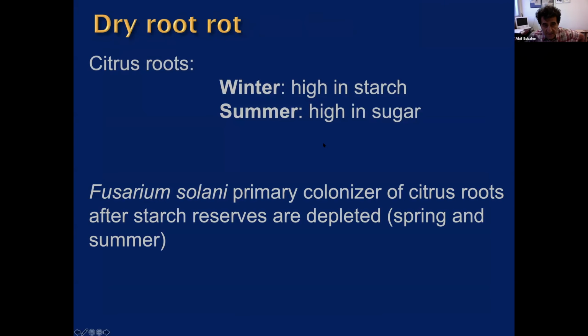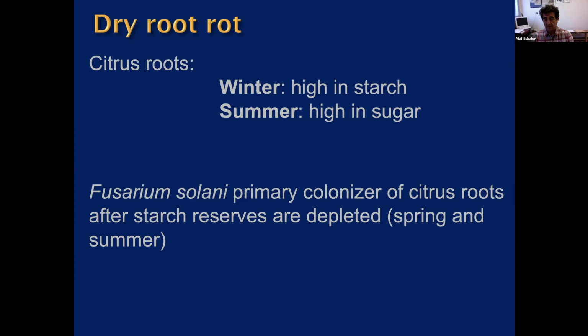So what's happening is that during the winter, the citrus roots are high in starch. During the summer, high in sugar. Plus, citrus tristeza virus is a phloem limited virus, and when it colonizes the bark or phloem, that prevents the plant from moving the starch into the roots and makes the roots starch depleted.